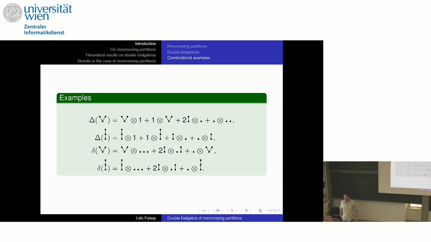Yes? The Connes-Kreimer coproduct on Feynman graphs is something like this. You contract on the left and you extract subgraphs on the right. But this coproduct on Feynman graphs is also related to this.